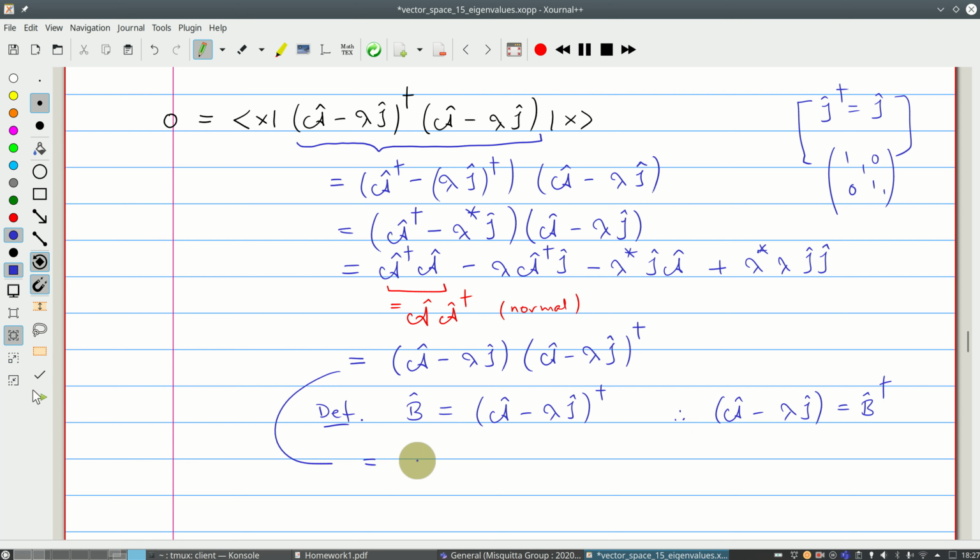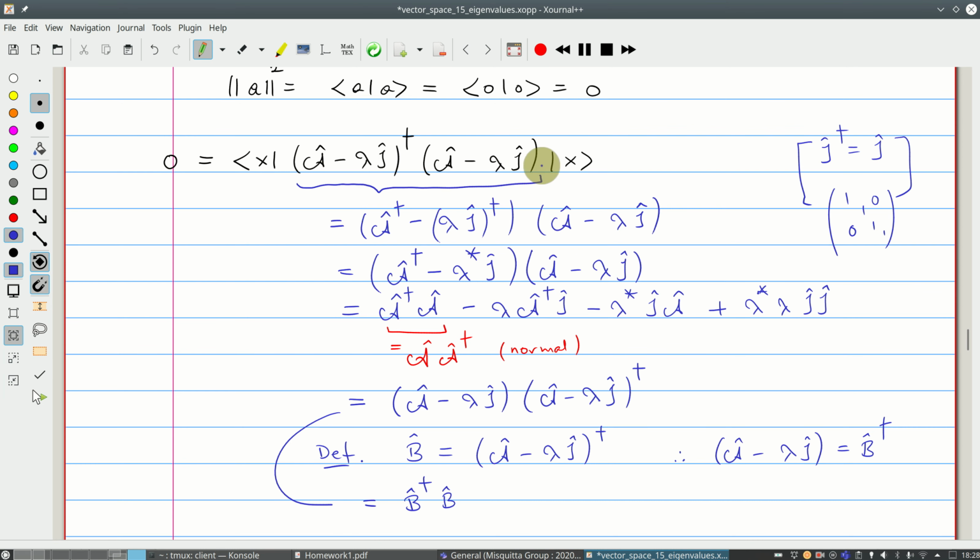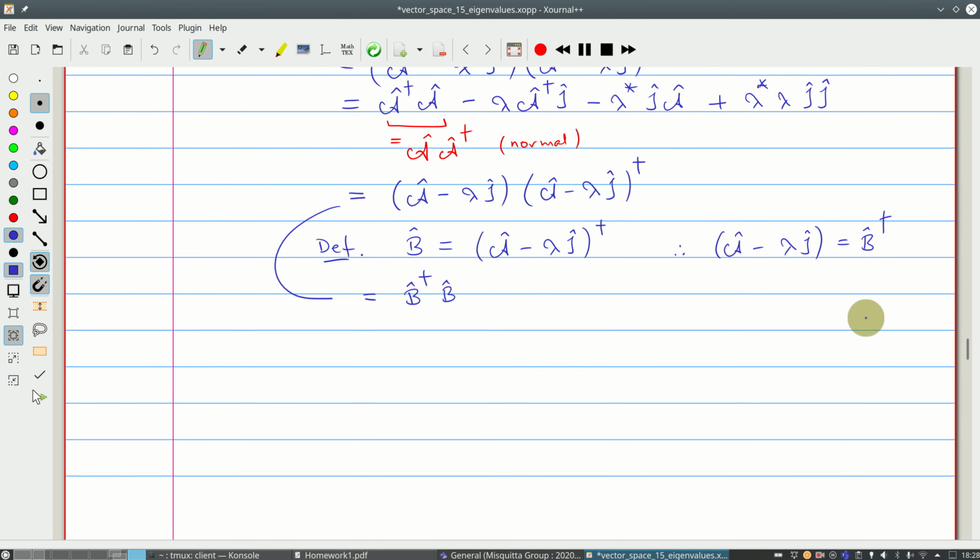So this thing then is equal to B operator dagger times B. And now we can put it all back into this expression here. Therefore, 0 is equal to x, B operator dagger B operator, x.